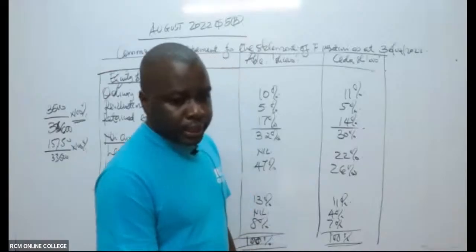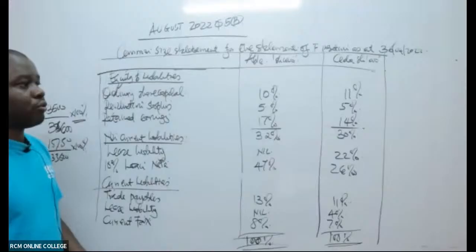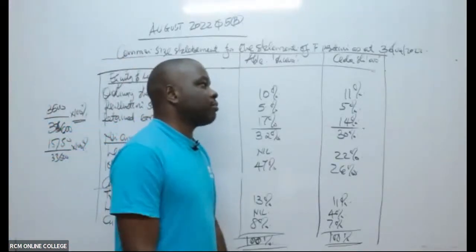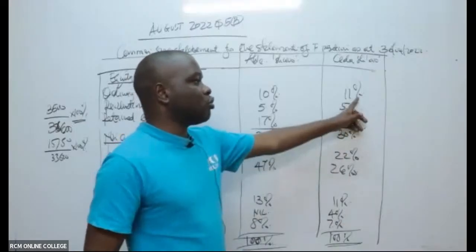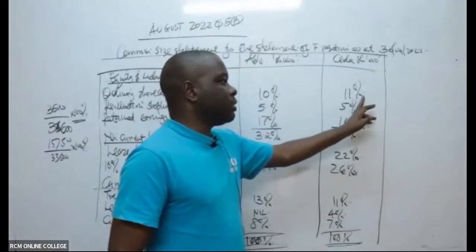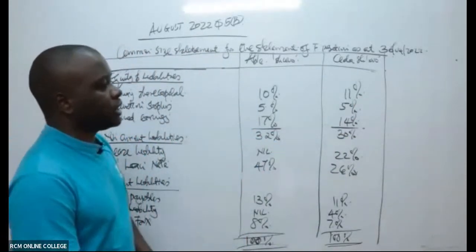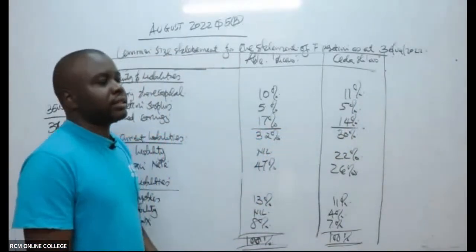So someone asks, is it right to round off in an exam situation? There's no problem rounding off in an exam situation, because in this case some of the percentages you might have ended up with have so many decimals. You cannot write all the decimals, but you can round off to the nearest figure.